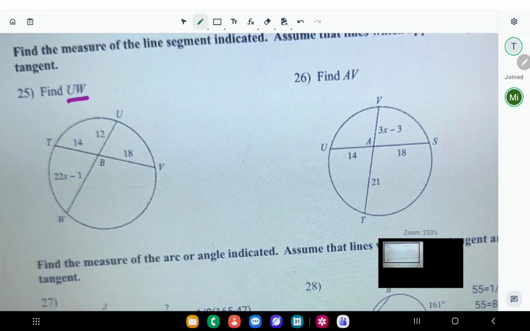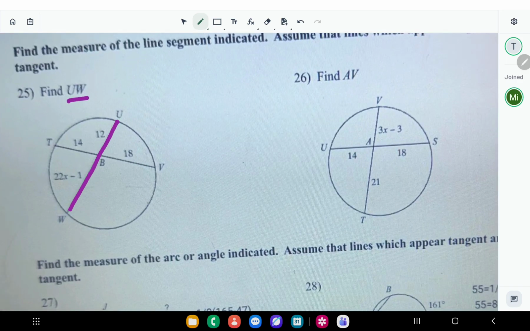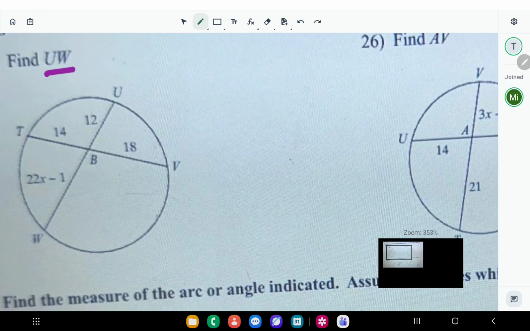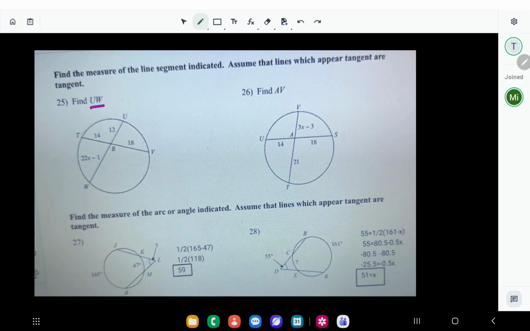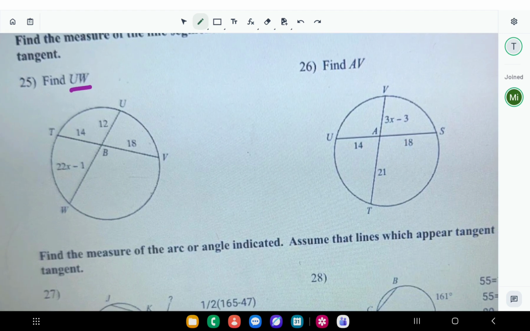UW is, okay, this one of the chords, this one. Okay, so we multiply. So that is TB times BV. So that is 14 times 18 equals BW times UB.